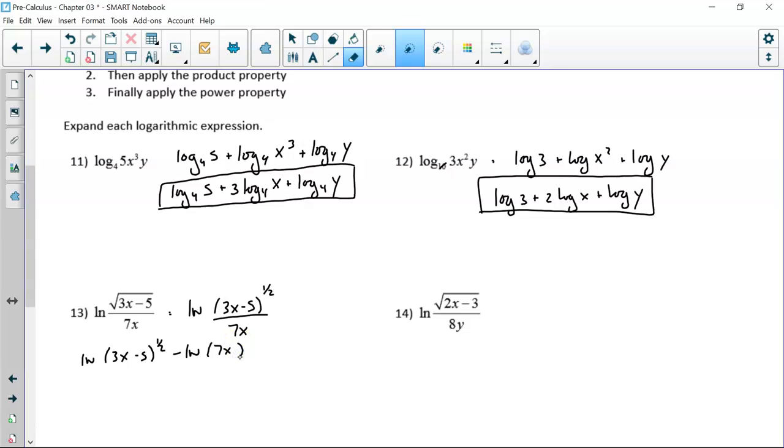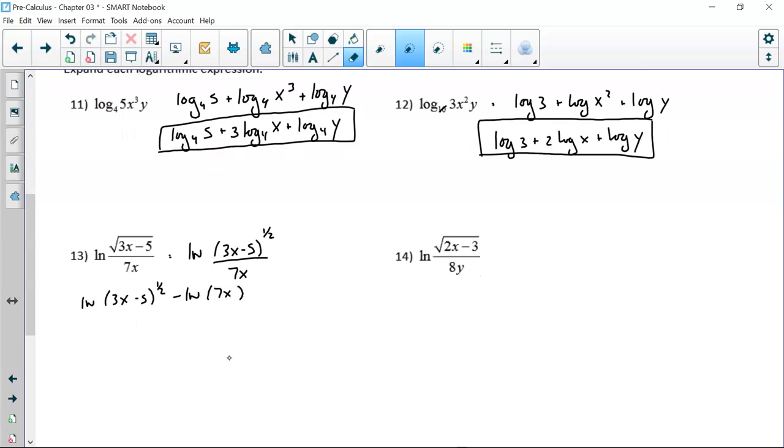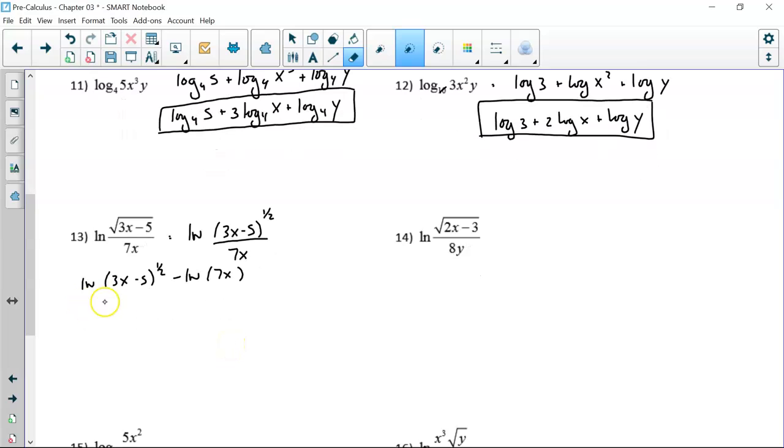Now, there's a couple different ways to do this. I'll show you another way in the next step. So we have here, I want to use my product property first, so I have to apply it right here. The natural log of 3x minus 5 to the 1/2 minus, now in parentheses, the natural log of 7 plus the natural log of x. Because it's the denominator, it's the product property.